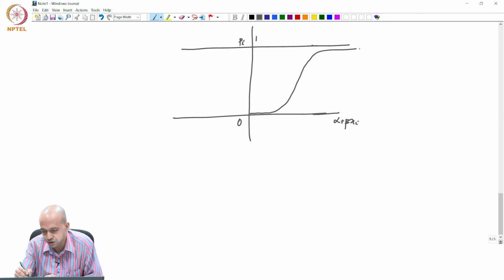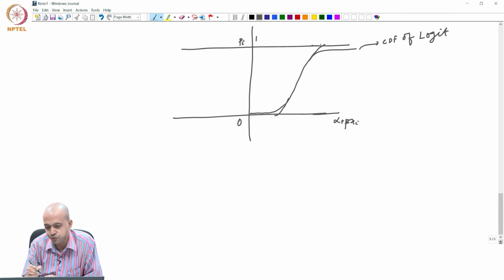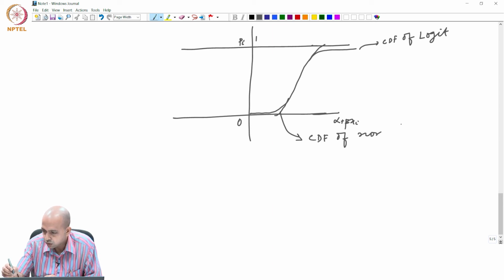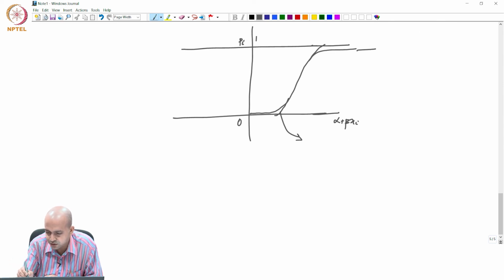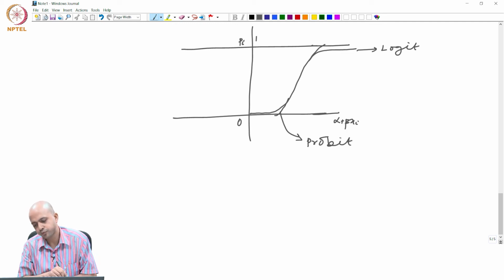Let us say this is the CDF of Logit, that is the logistic, and this is the CDF of Probit, the normal. So this is my Logit and this is Probit. Compared to Probit, Logit has a flatter tail.